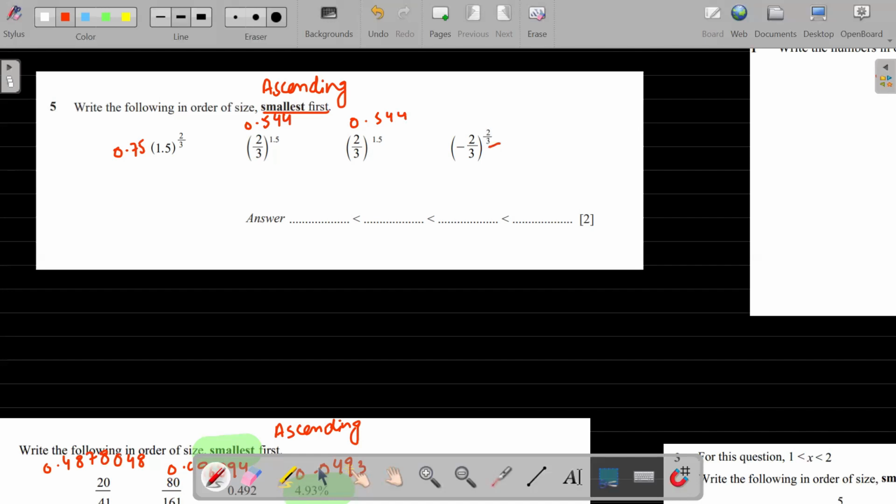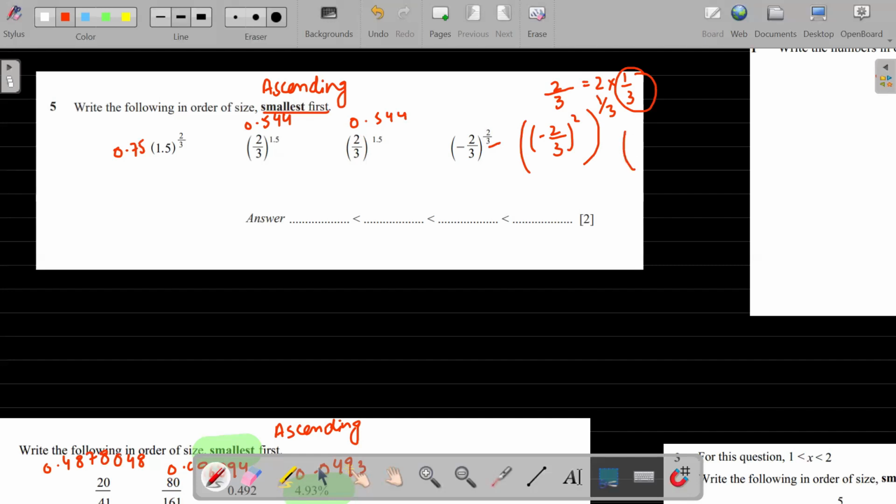Look, this number can be written as 2 by 3. We can write 2 by 3 as 2 times 1 by 3. Okay, and this 1 by 3 will become our cube root. So I can write it as minus 2 by 3 square, and over it will be 1 by 3. So first I'm going to take their square.